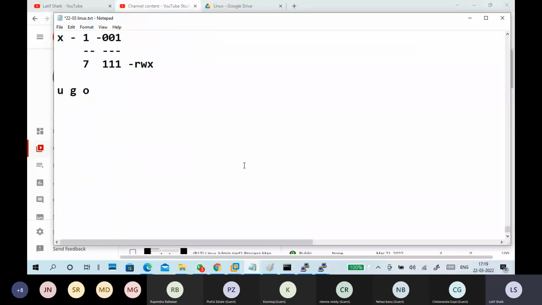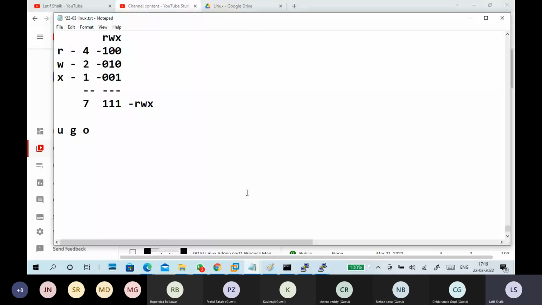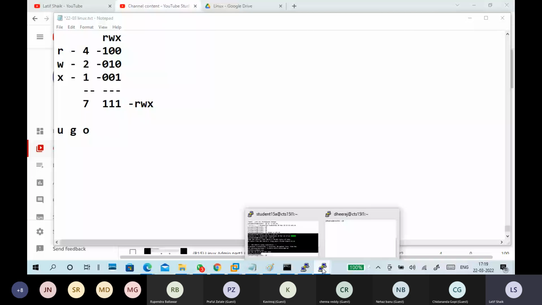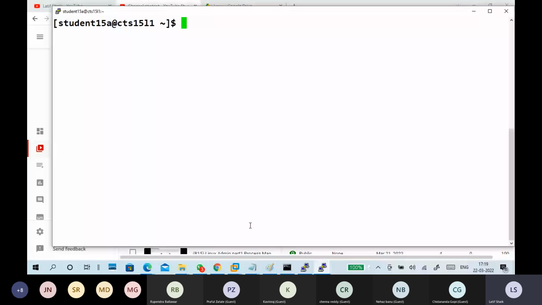Okay, guys. In the previous examples, I didn't show any kind of directory permission changing. That's also something we should see, but we are not seeing that. I'm not creating anything. Just ls -l cf1.